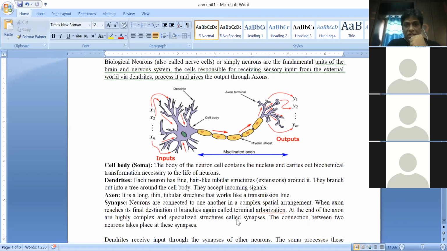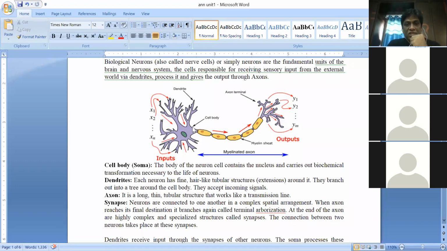If you look at the responsibilities of these parts, these dendrites are to carry the inputs to the neuron body. This is called soma, where the biochemical transformation of all the inputs received through these dendrites is done.